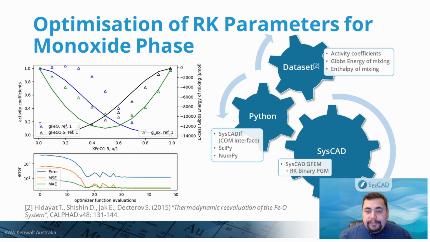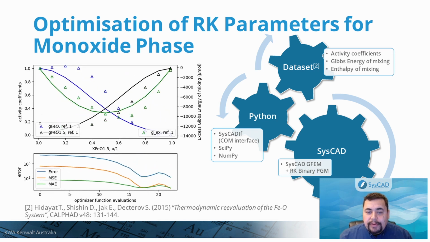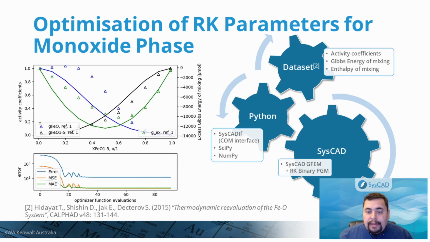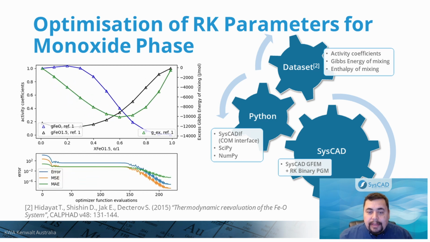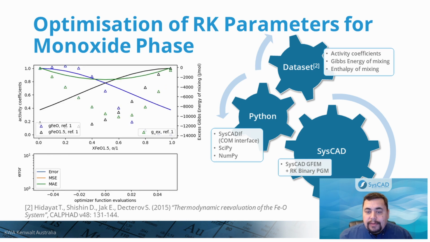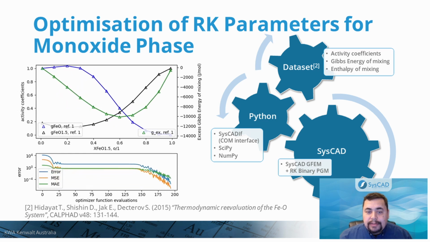In this example, 3 different error formula definitions were plotted. However, just one of them, which is the sum of the relative errors squared, the blue line in the bottom graph, is used for optimization. The optimized parameters for the monoxide RK model were then used in the green hydrogen model discussed in the previous section.